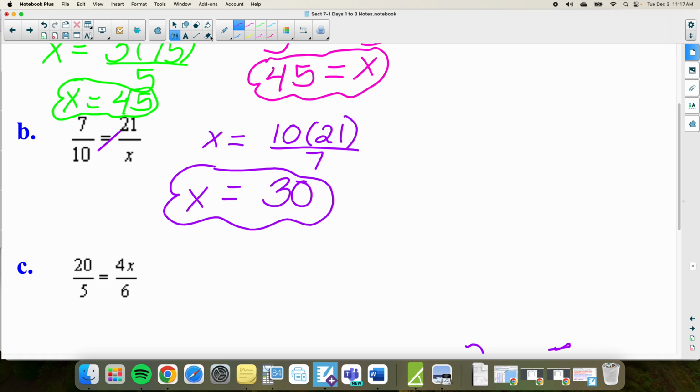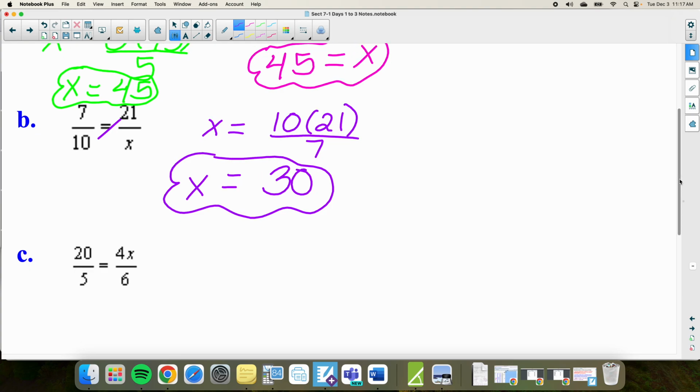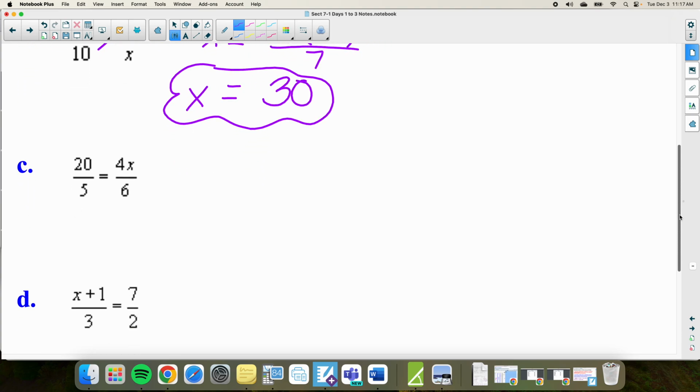All right, when I stop doing it that way is when something is with my x, or if I have another thing in my proportion that has an x. So when I have something like this, I do it the way that you learned it from the beginning.